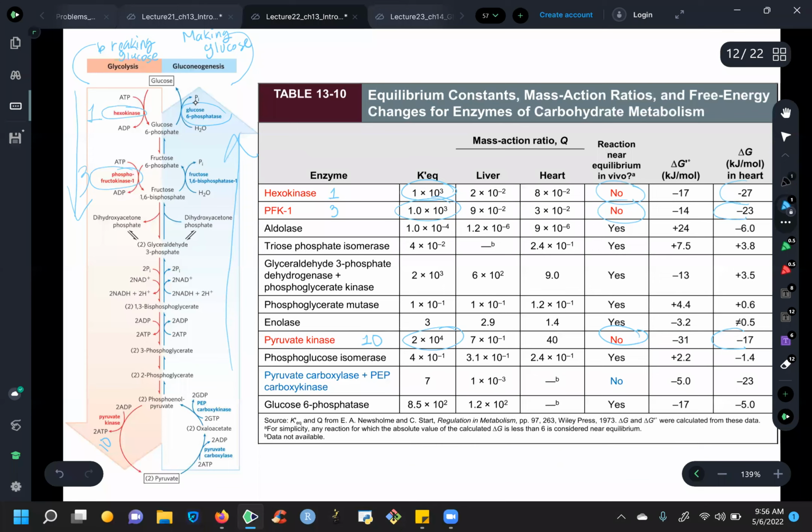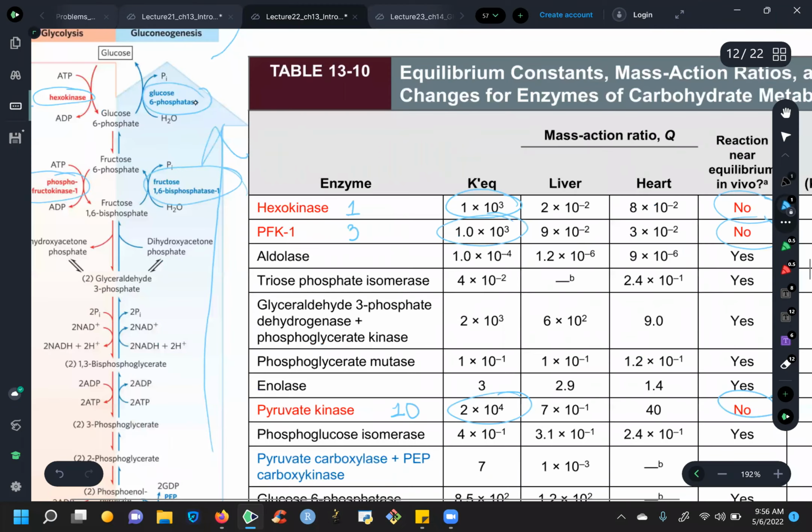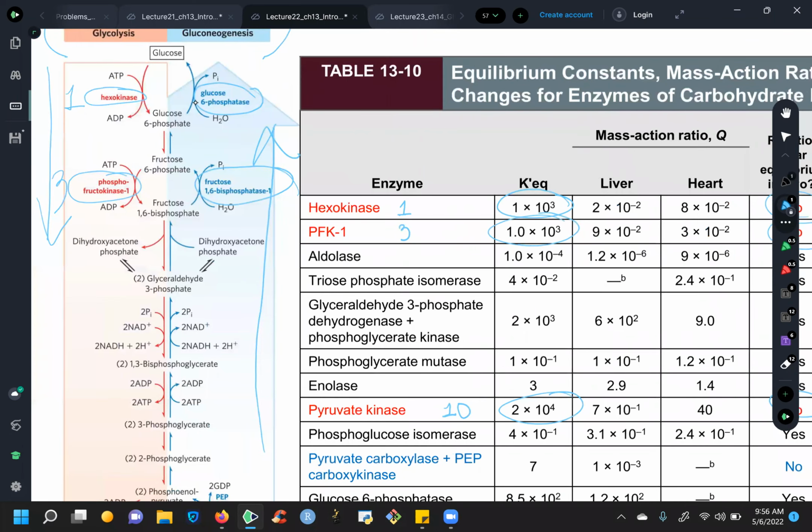So if you don't already know this stuff, you need to make flashcards. For reaction 1, in order to bypass the activity of hexokinase, you need glucose 6-phosphatase. For reaction 3, in order to bypass the activity of phosphofructokinase 1, the super highly regulated enzyme, you need fructose 1,6-bisphosphatase 1.